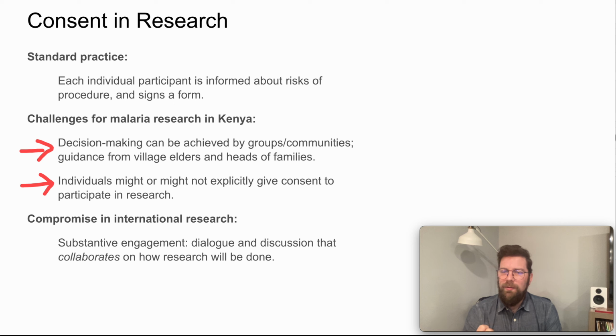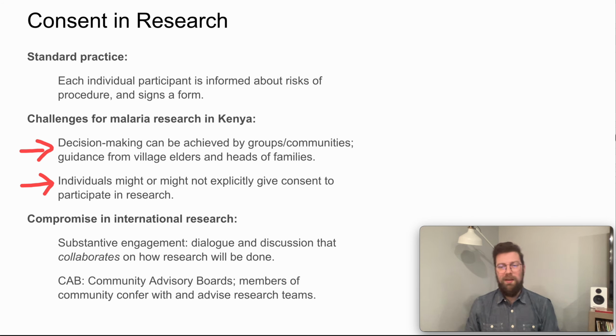So rather than simply doing it the Western way or simply doing things according to the local values, we have to find a way for the researchers to do the research that they can live with, but also to do the research in a way that will be satisfactory to the locals who are the subjects of this research. So the idea here is that there's an aim for collaboration when we have cross-cultural medical research being done.